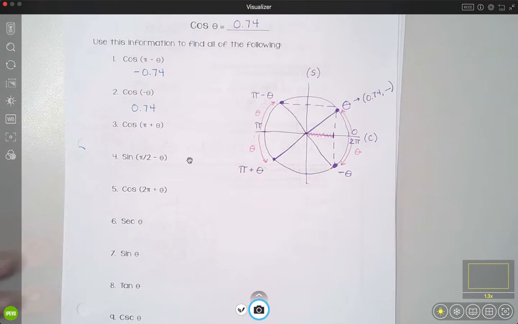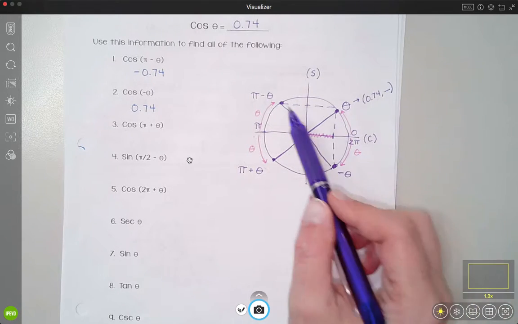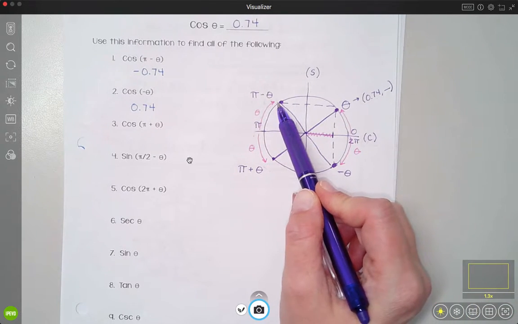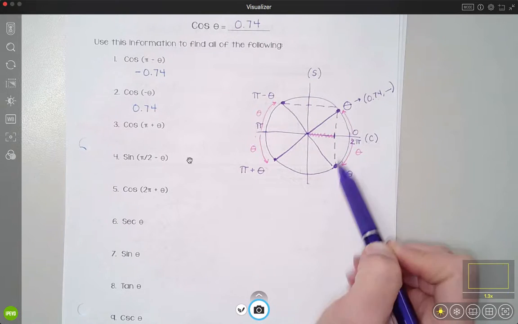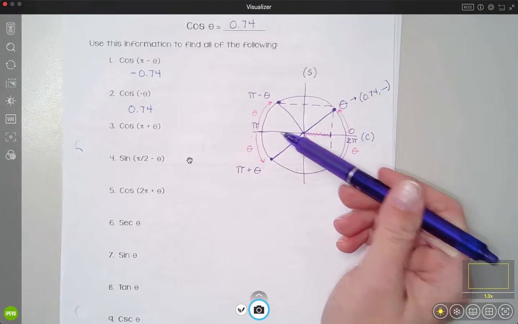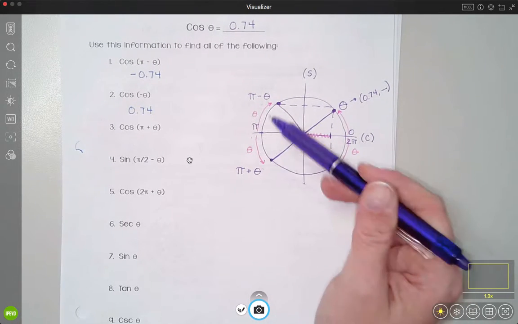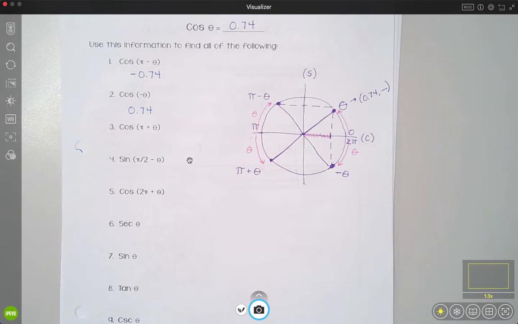So now my question is, what would the cosine be there? Well, if it was 0.74 here, negative 0.74 here, positive 0.74 here, what's it going to be here? Well, once again, if we're looking on the x-axis, this is moving in the negative direction. So really the cosine would be the same here and here. That's negative 0.74.